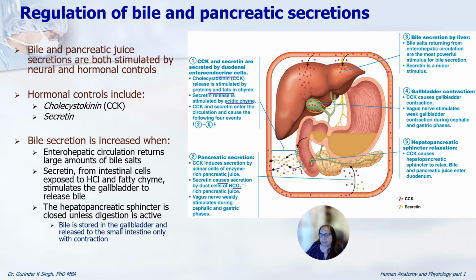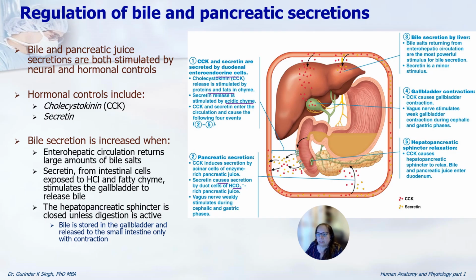The vagus nerve can also affect that, and can stimulate your cephalic and gastric phases. The bile salts are also released by the cholecystokinin. So the cholecystokinin acts on the liver and enhances the bile salt production. Your secretin does not affect the bile salt formation that much.